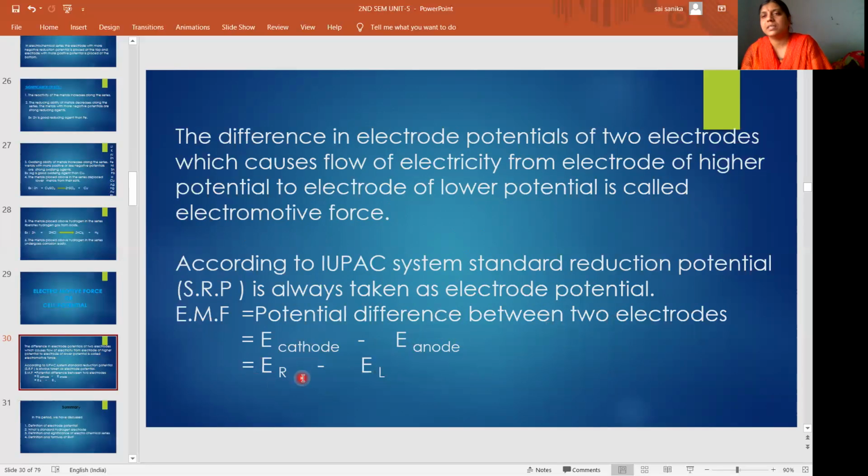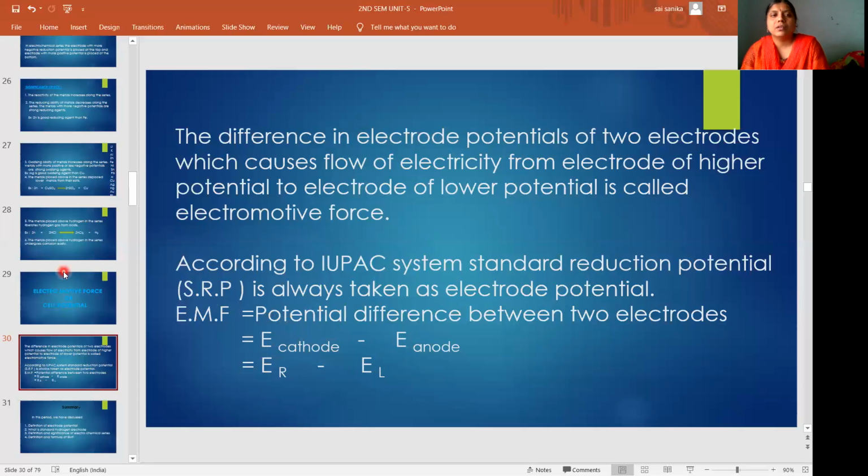E right is the electrode potential of the right hand side electrode, and E left is that of the left hand side electrode. Always the anode is on the left hand side and the cathode is on the right hand side. E is nothing but the potential of that electrode.